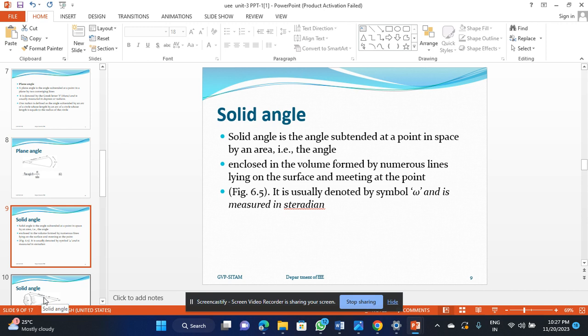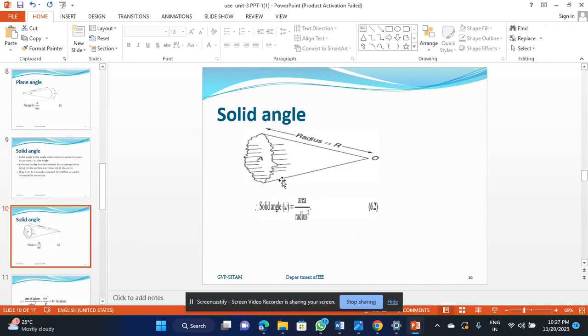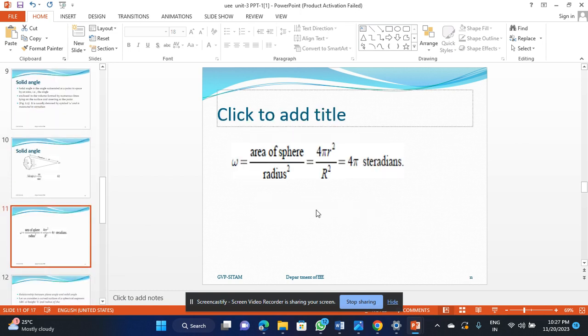Here we are considering a surface area, which is the small difference between plane angle and solid angle. The solid angle is the area over the radius square, and its unit is steradians.